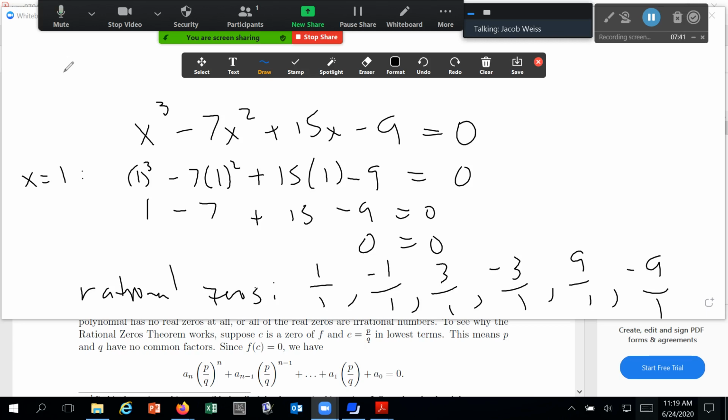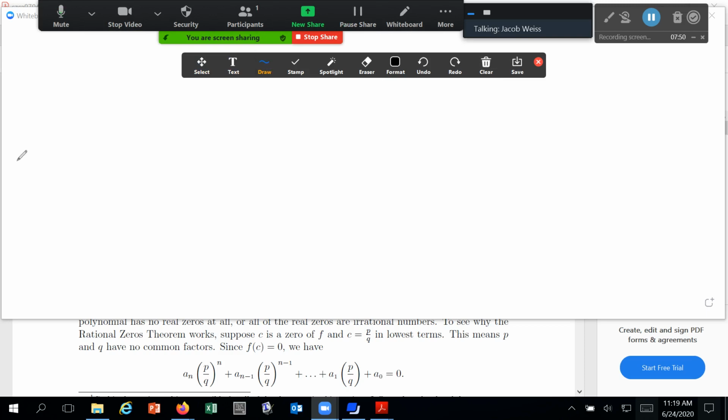So now let's go back. Let me clear this off and then start over. So now what do we know? We have x cubed minus 7x squared plus 15x minus 9 equals 0.